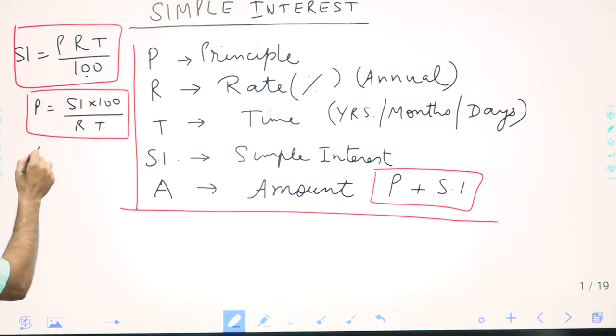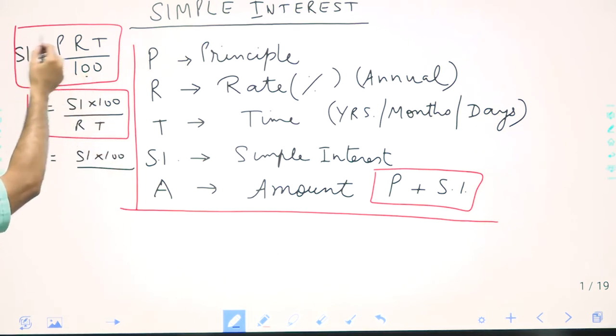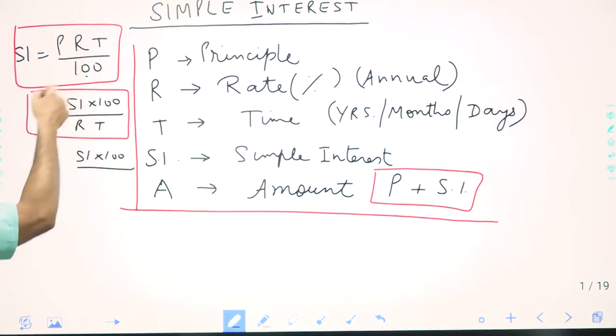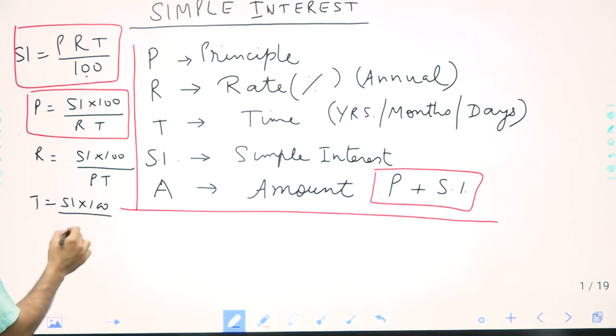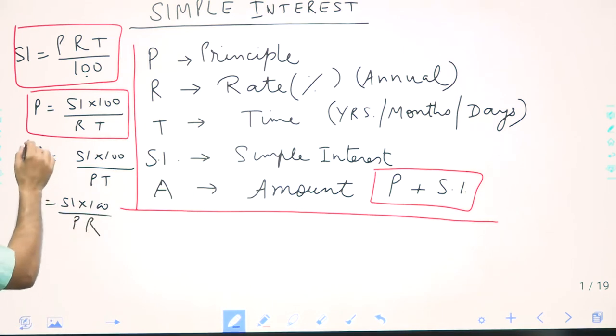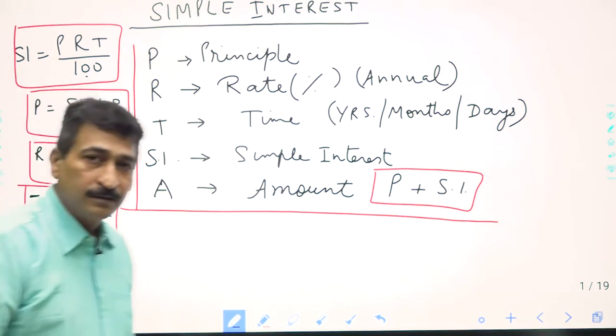Suppose you have to calculate R, again SI into 100, now 100 will come here, R will remain here and PT will come here. So PT. And if you want to calculate T, again SI into 100 upon PR. So these three are not new formulas, these are the extensions of this formula only.